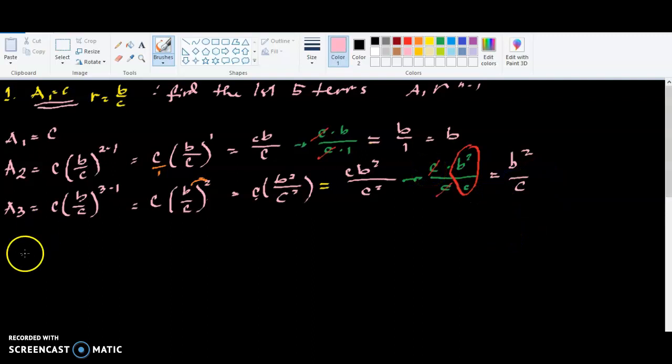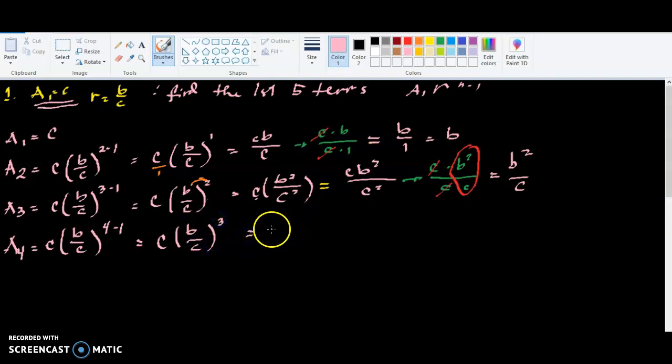Next, let's generate the fourth term. For the fourth term, we have C times B over C raised to 4 minus 1. We now have C times B over C raised to 3. That is C times B cubed over C cubed. Okay. Distribute lang natin yung exponent both sa taas at sa baba.